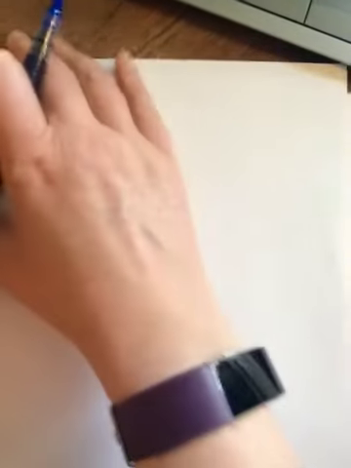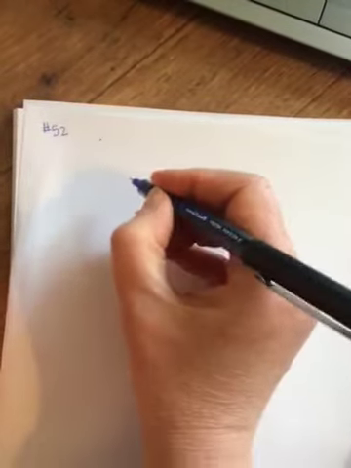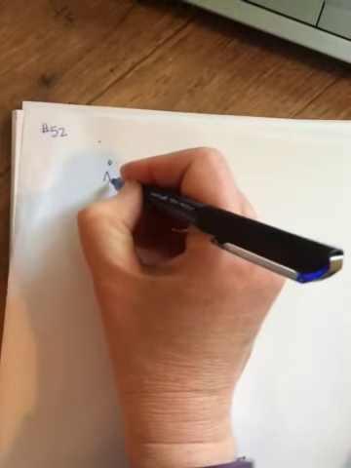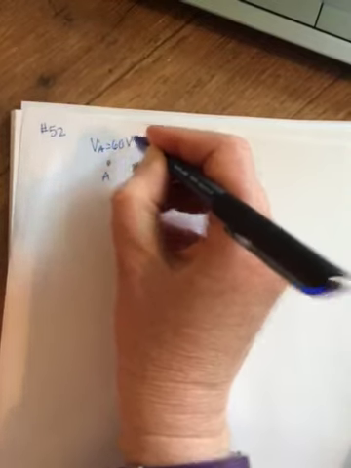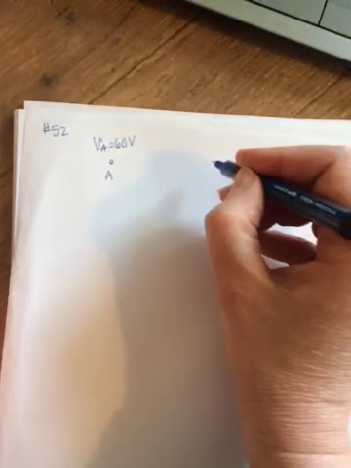All right, next question was number 52 on that same page. Number 52 says, point A has an electric potential difference of 6 volts. So VA is 6 volts. When a charge of 2 coulombs is moved from point B to point A, 8 joules of work is done.